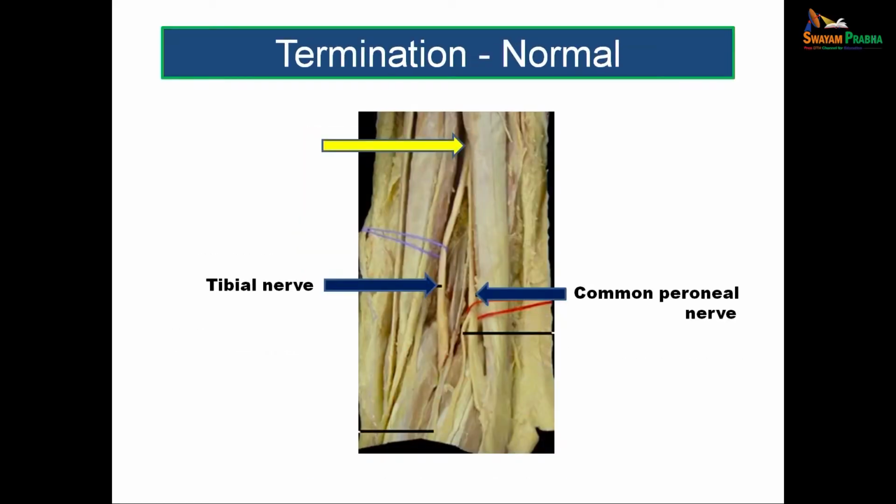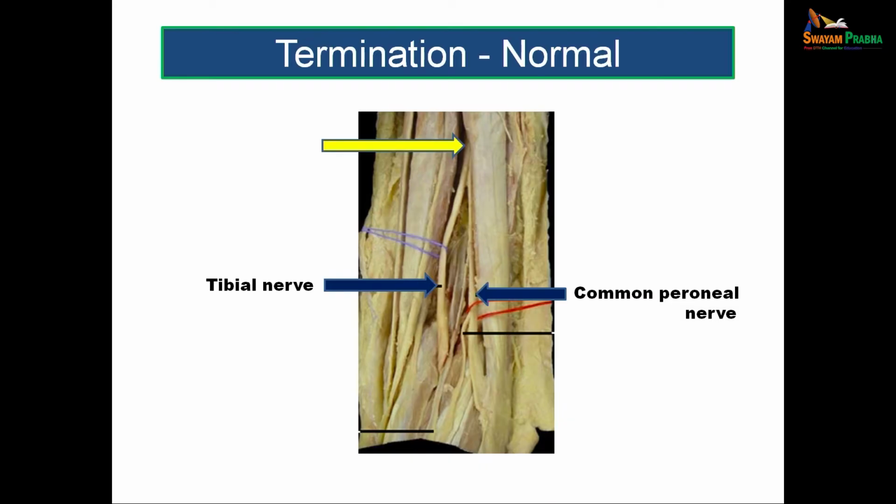Now, let us look at the termination of the sciatic nerve. Once the sciatic nerve reaches the popliteal fossa, it divides into its two components at the upper angle of the popliteal fossa. So, this is where it is going to terminate.